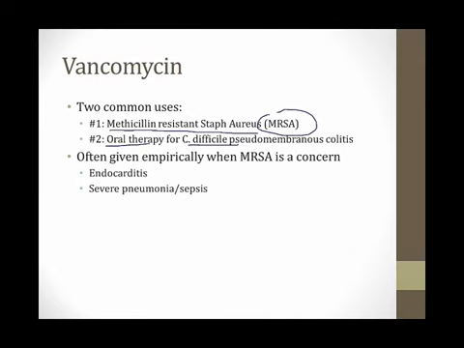However, in the case of C. difficile infection, it's given orally so that it will remain in the GI tract and exert its effect on the C. difficile infection. And you'll often see vancomycin given empirically, meaning before a bacteria has been identified when MRSA is a concern. So for example, in patients who present with endocarditis due to an unknown cause, or severe pneumonia and sepsis due to an unknown bacteria, MRSA is often a concern, and in these cases, vancomycin is given empirically.